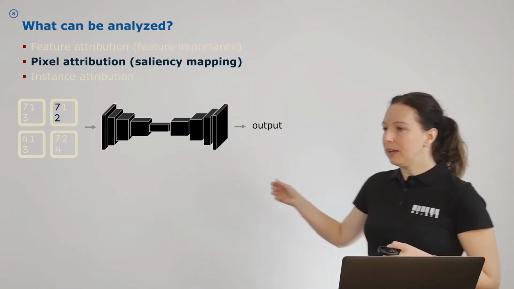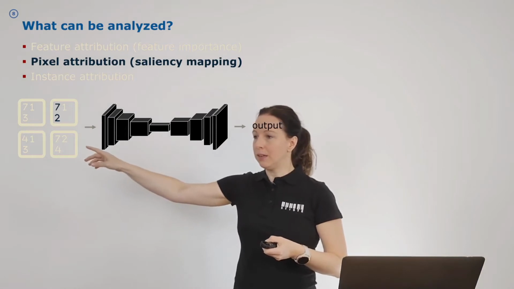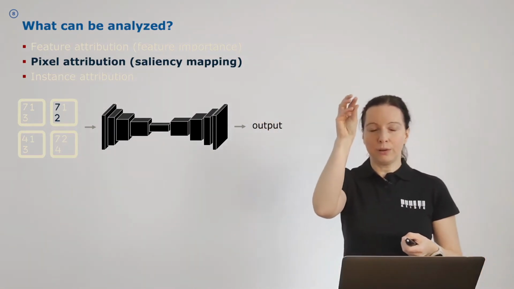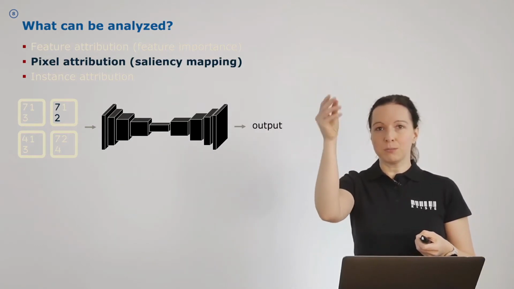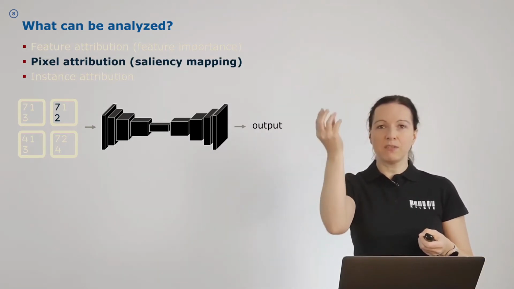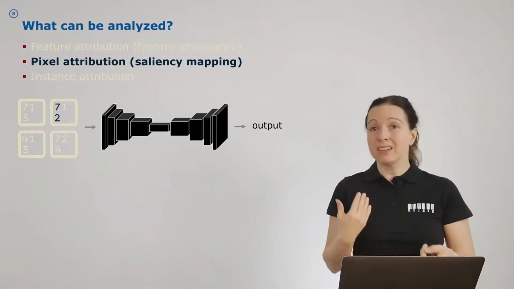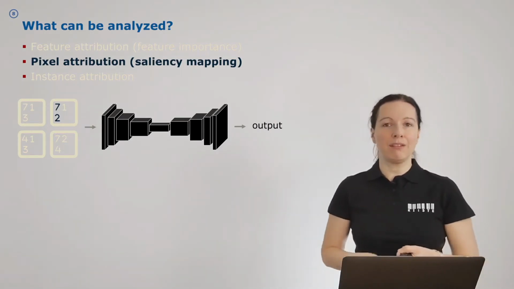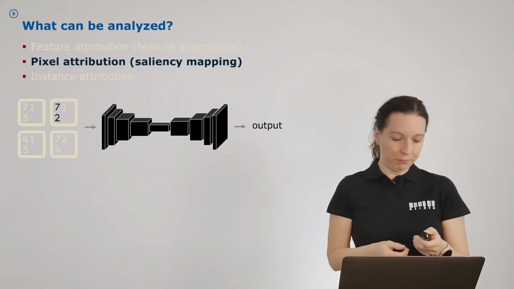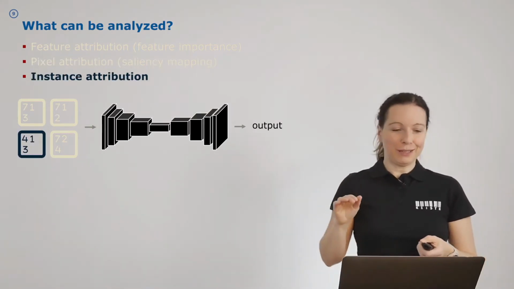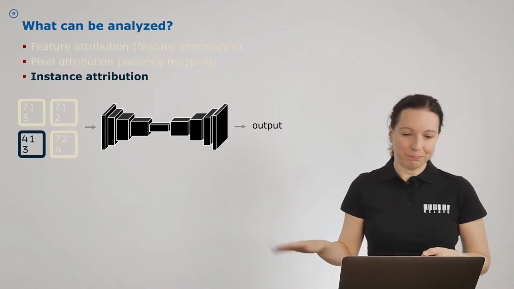Illustrated similarly to the last slide, you have one instance, and you want to have a look at a specific part and analyze if that part in an image is important for the output or not. Based on such analysis, you can derive such a heat map as I showed you. But we will talk about it in more detail in the next lecture.